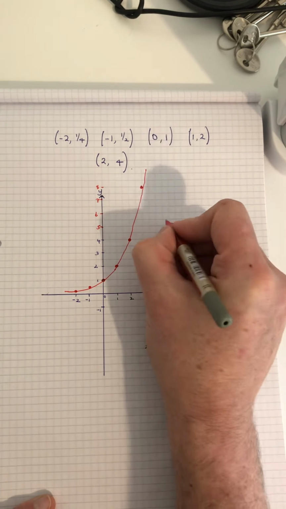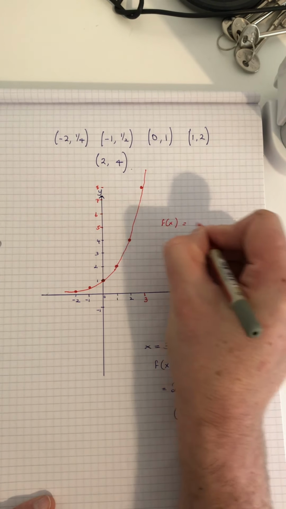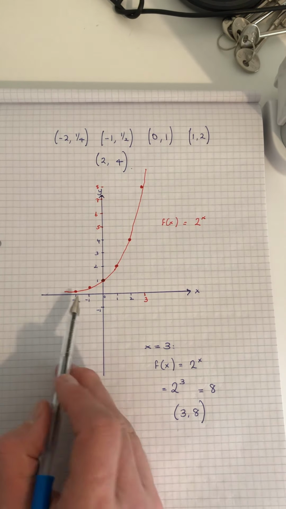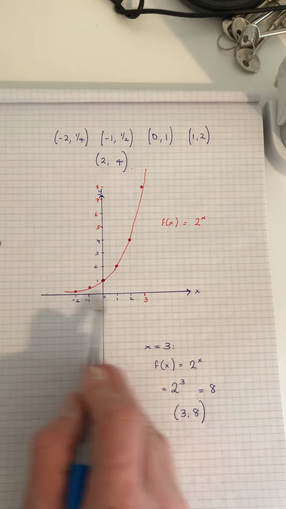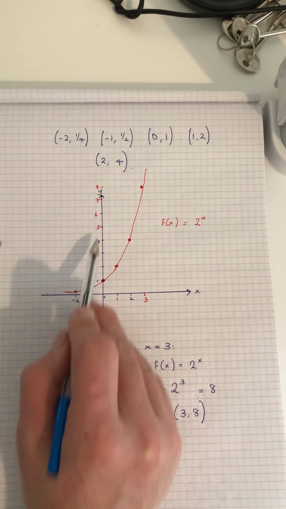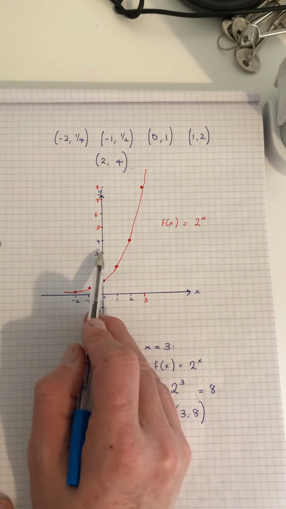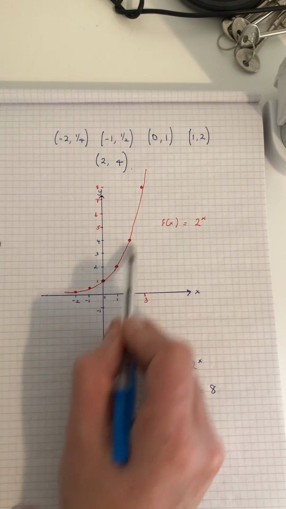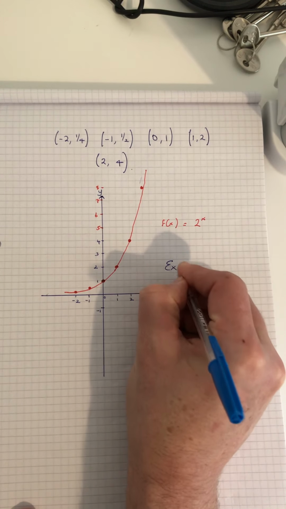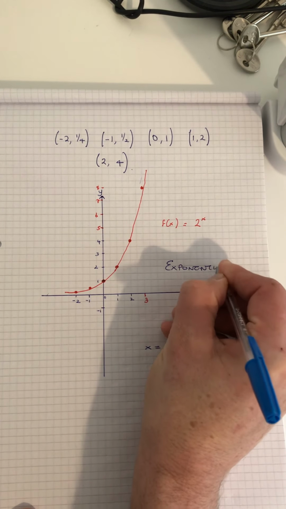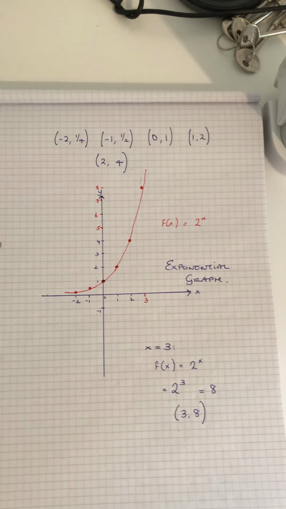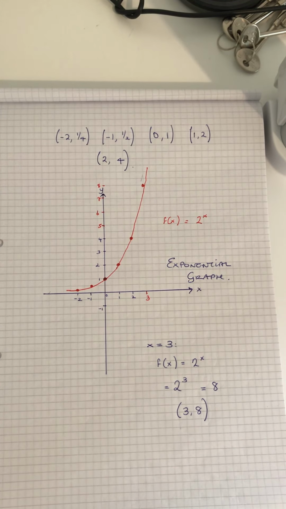And that there is the function f of x equal to 2 to the power of x. Okay? Now, be careful with your axis here. Give yourself more room. So you might have to go up in bigger values, okay? Something like that is called an exponential graph. Okay? So that's an example for you of an exponential graph.